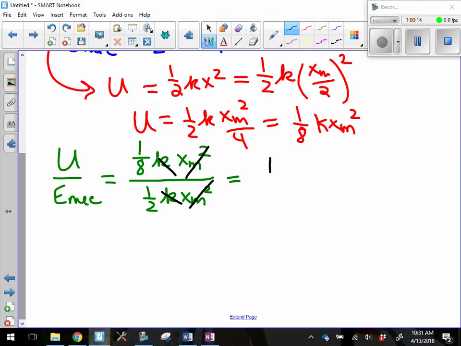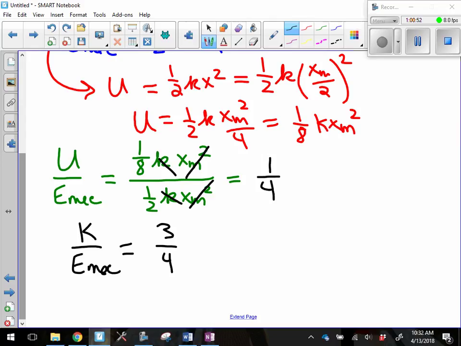Yeah, we get 1/4. That's it. 1/4 of the energy is tied up in potential energy. So what fraction of the energy is going to be kinetic? 3/4. Okay, so that's A and B right there.